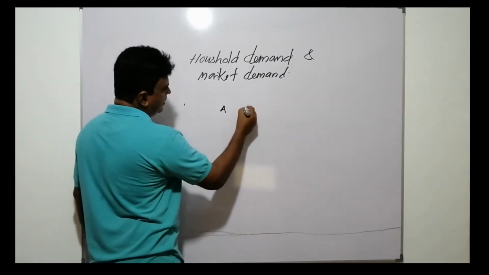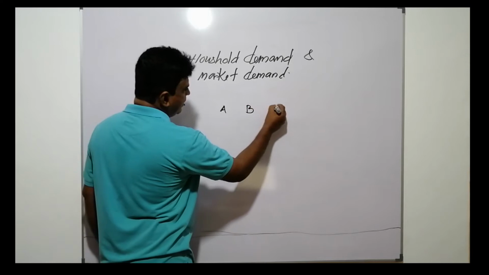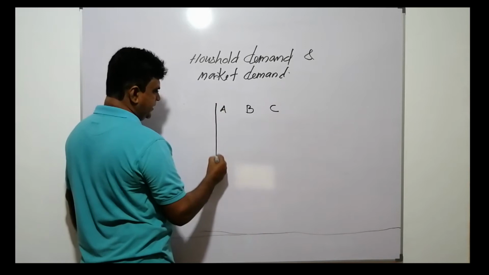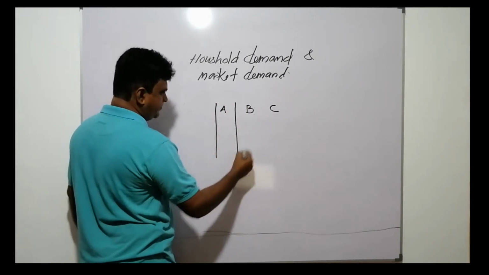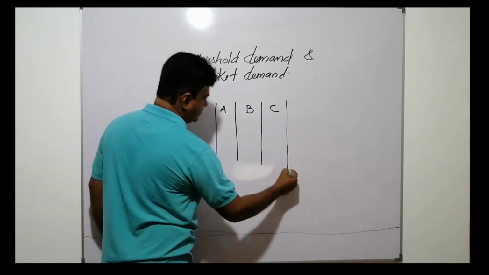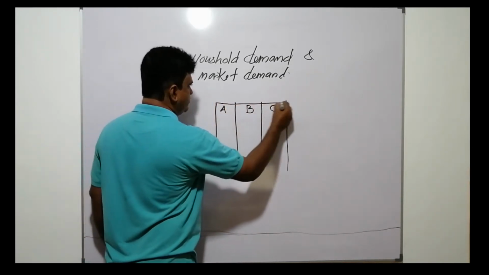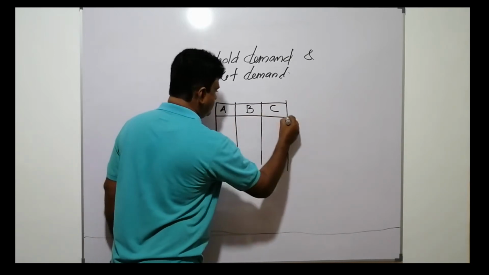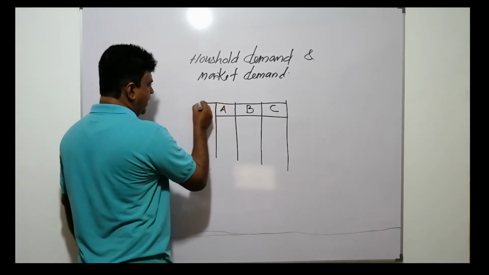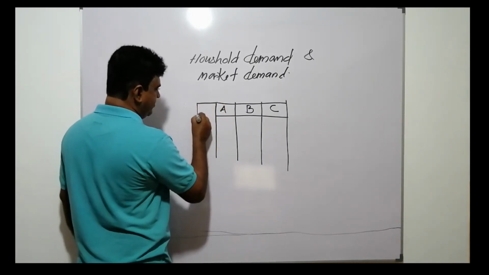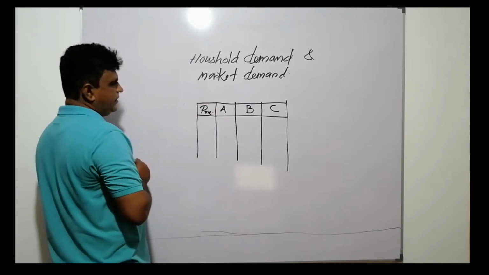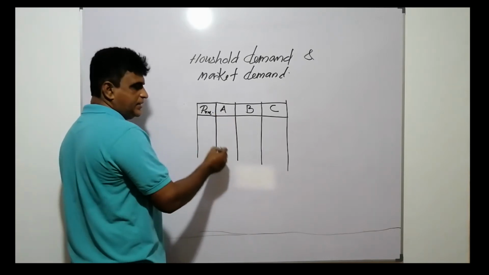Consumer A, consumer B, consumer C. There are three consumers, and there is the price and the quantities.